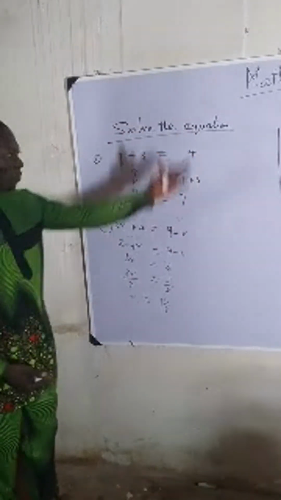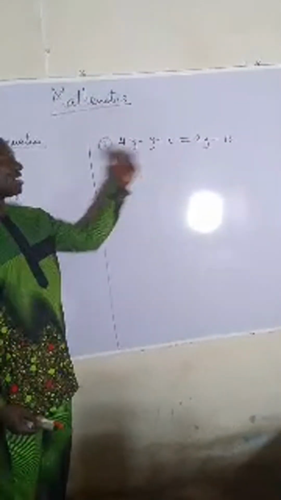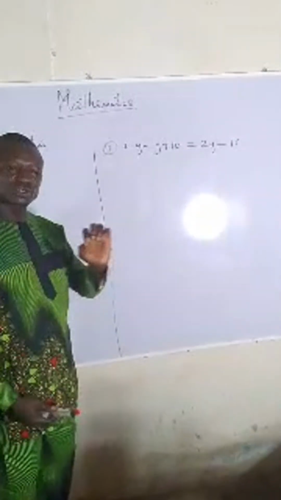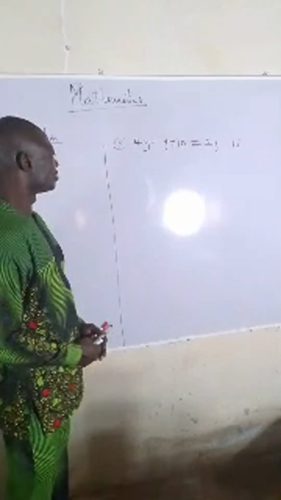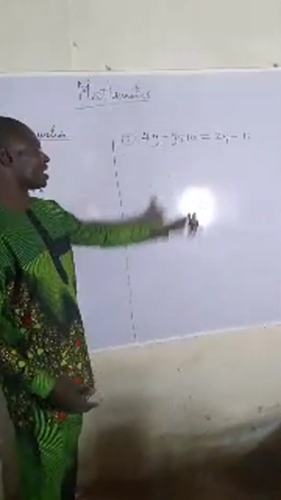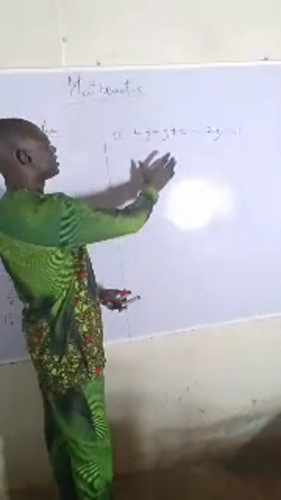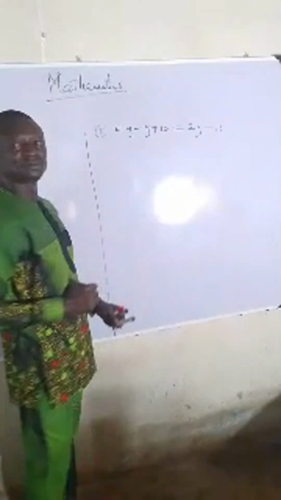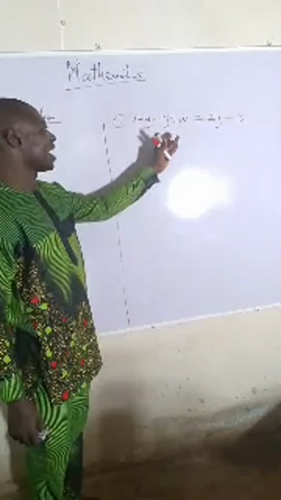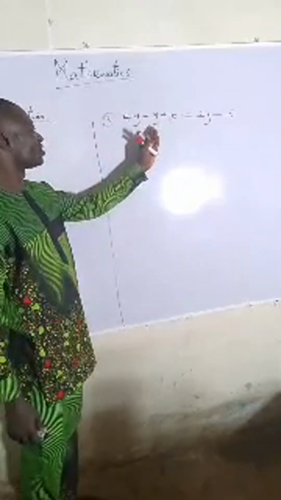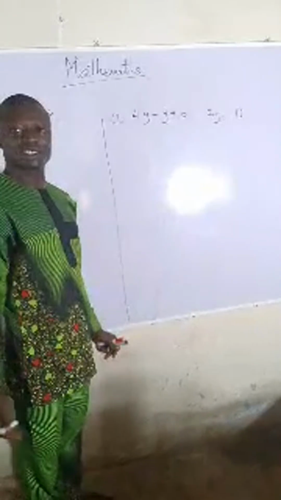Now, from what we have here, we have like terms staying on the same side. So first of all, you must make sure that you clear that. The first thing we are going to do when we have a question like this is to simplify it very well. Whatever is called y, 4 of it minus 1 of it will give us 3 of it.